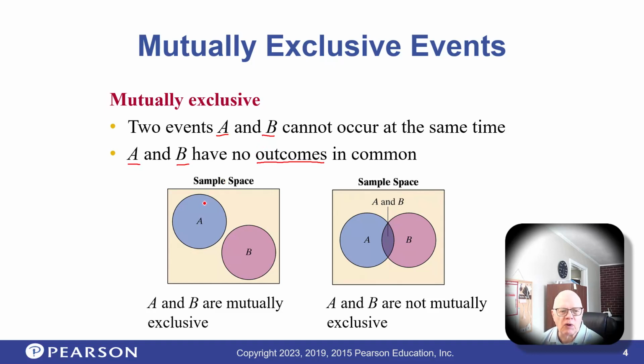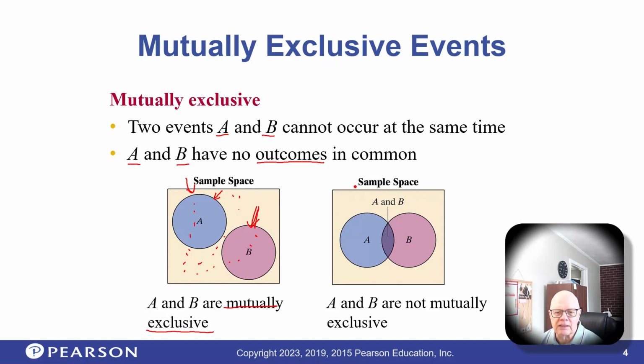Here's a visual on that. We're talking about event A and event B. Notice they don't have any overlap at all. That means they're mutually exclusive. If all of these dots around here represent possible outcomes, and this is event A, this is event B, it means they don't have any outcomes in common.